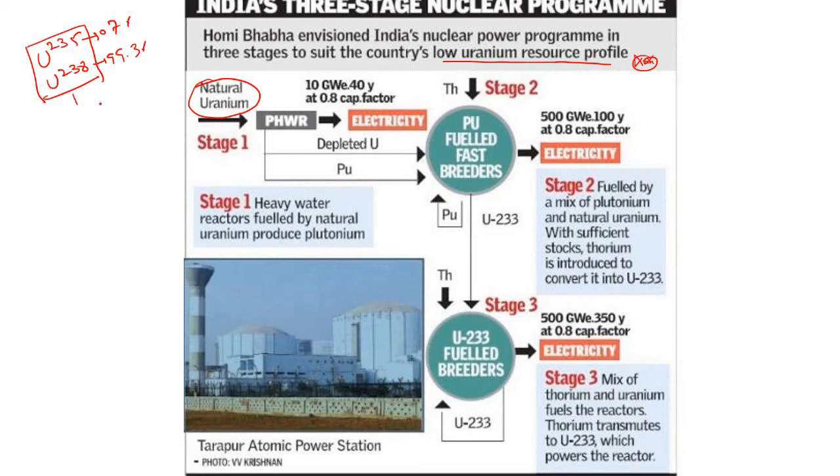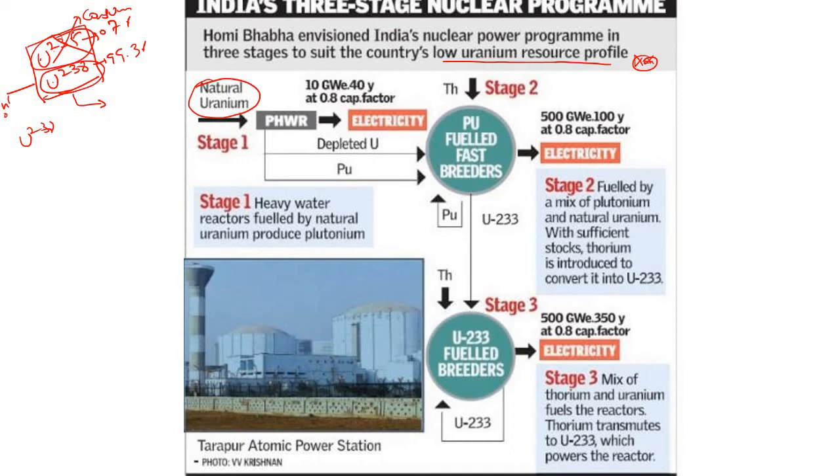Its waste will be there, no? Uranium-235, as it is fissile material, is entirely consumed, and we are left with uranium-238. We already saw that when a neutron is bombarded, it hits both of these.